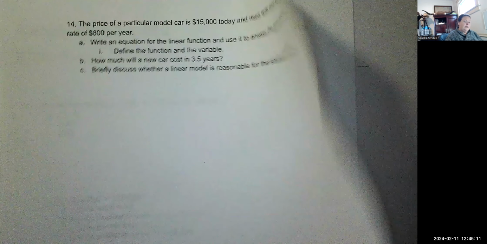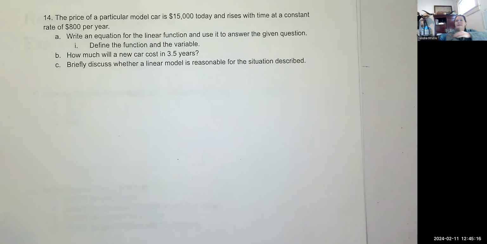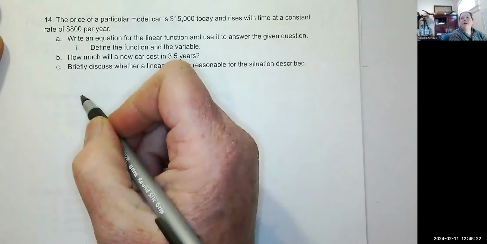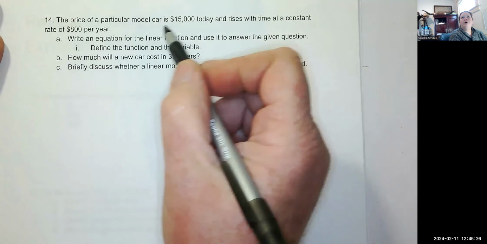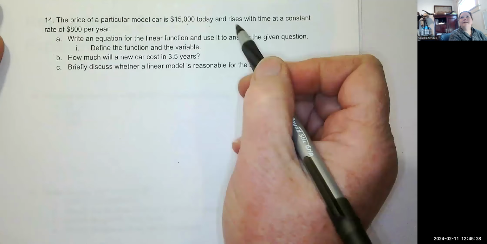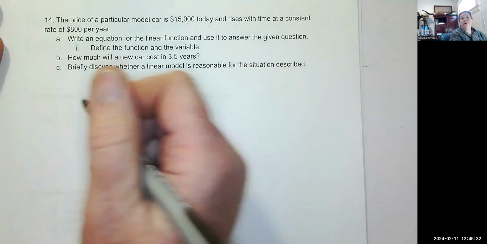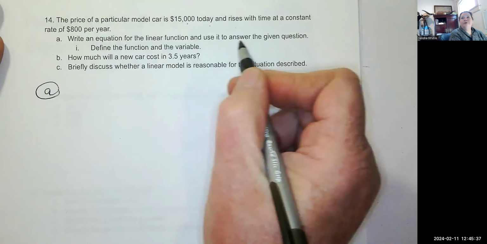Okay, all right, one more. Yep, last one for linear functions. I gave you a bunch because there's so many things covered in this. You're only going to have one of each of these types of problems, so just know that. And the next one's going to be a lot easier of a review. The price of a particular model car is $15,000 today and rises with time at a constant rate of $800 per year. We need to create a linear function for this. So write an equation for a linear function and use it to answer the question.